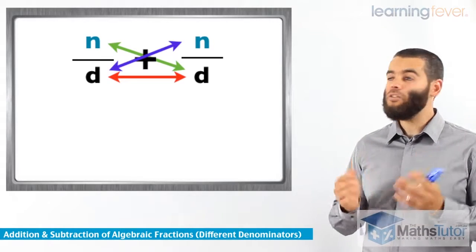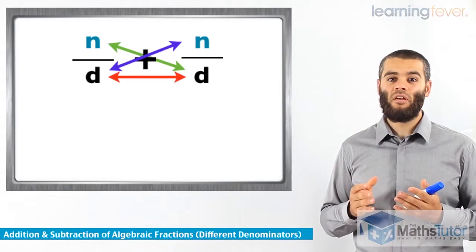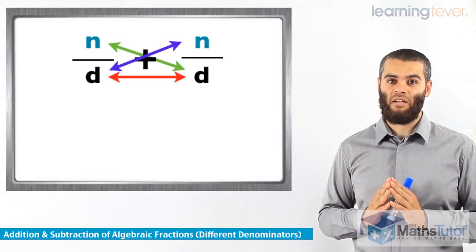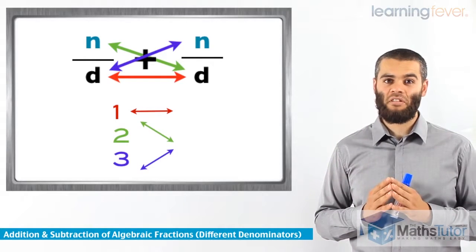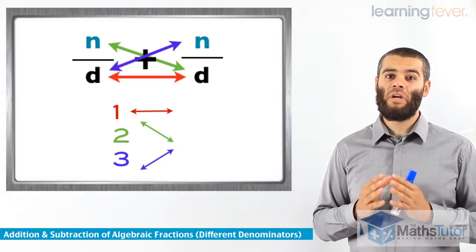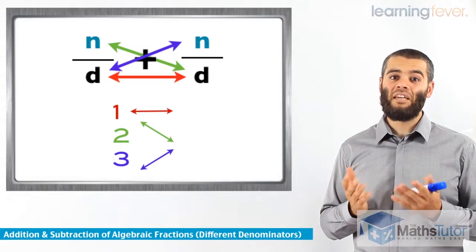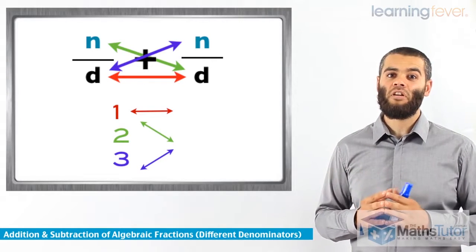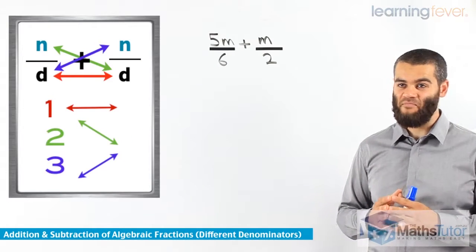Thirdly, we multiply the second numerator with the first denominator. So we follow these three steps. Let's see how it's done using the examples we have.